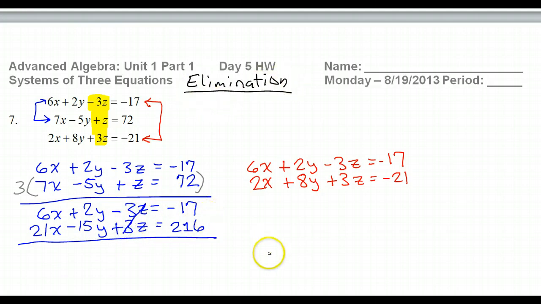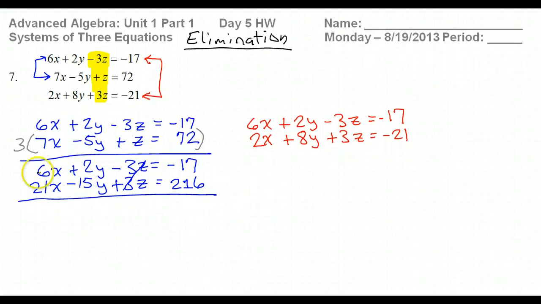So they're gone. But now the rest of it, I'm going to combine like terms. So this is going to make 27x minus 13y is equal to 199.